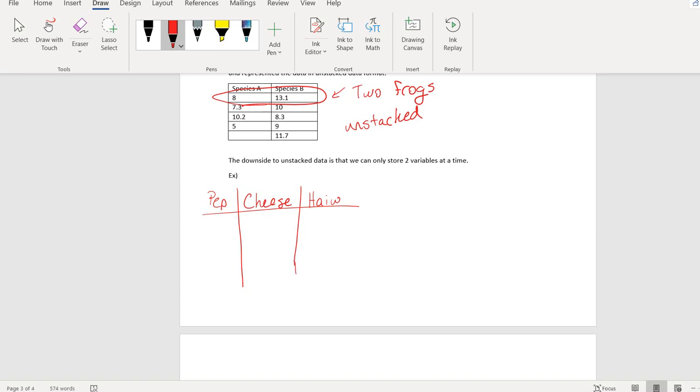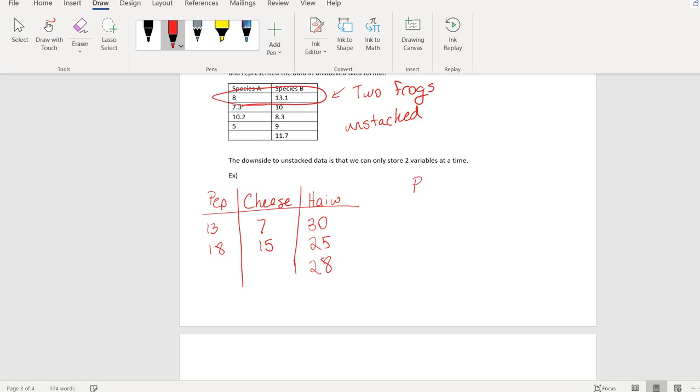And then we ask different age groups which one they prefer. So let's say that we have a 13-year-old that likes pepperoni, a 7-year-old that likes cheese, a 30-year-old that likes Hawaiian. We have an 18-year-old, we have a 15-year-old, and then for Hawaiian we have a 25-year-old, and let's say we have a 28-year-old that also likes Hawaiian.